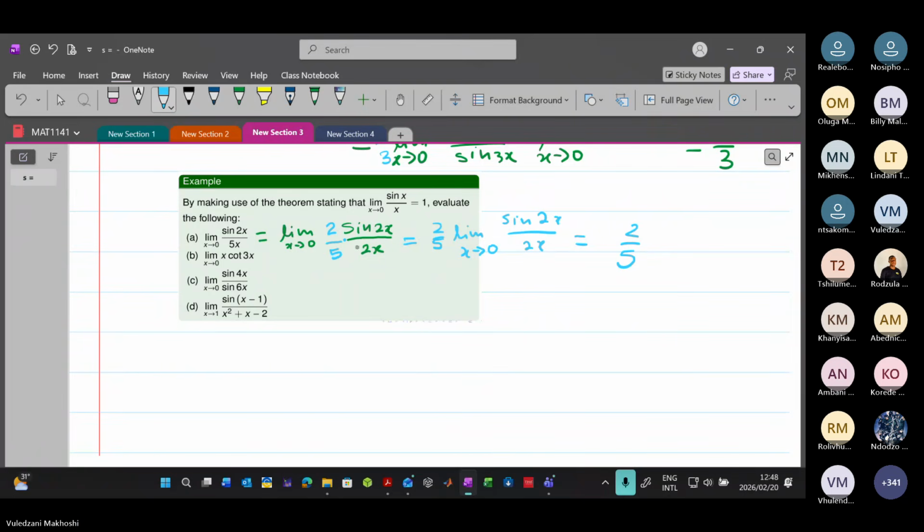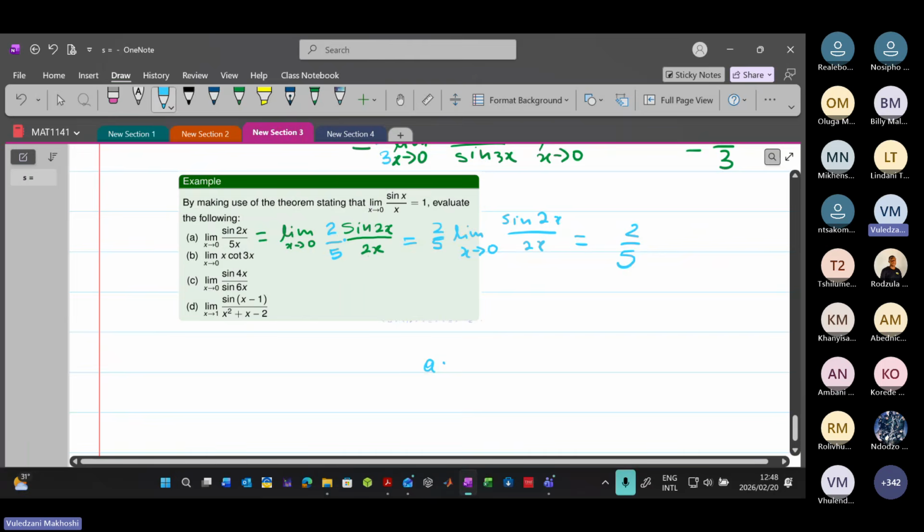So in order for me to account for this 2, it's just like multiplying by 1. We are multiplying by 2 over 2, which is just 1. The 5 was originally there. We just made use of the fact that multiplication is commutative.